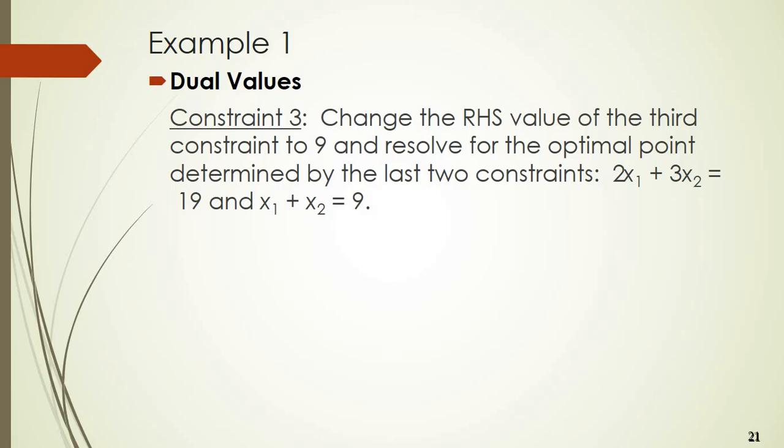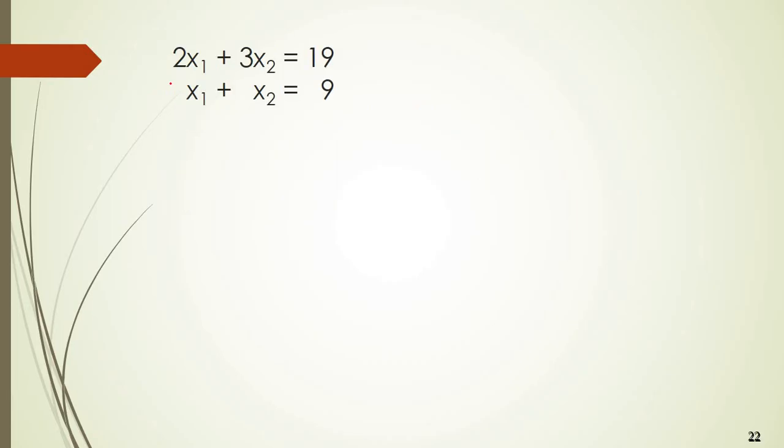Change the right-hand side value of the third constraint to 9 and resolve the optimal point determined by the last two constraints. So we're going to solve for the values of x sub 1 and x sub 2 just like what we did. To get the values of x sub 1 and x sub 2, again, I will multiply the second constraint by negative 2.